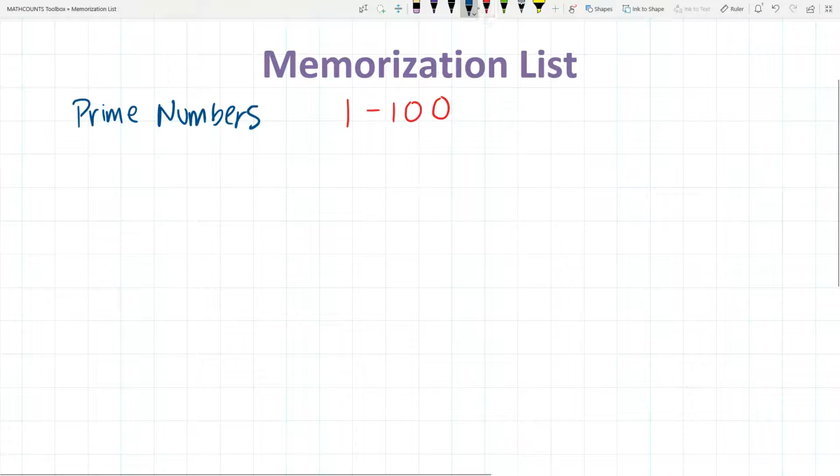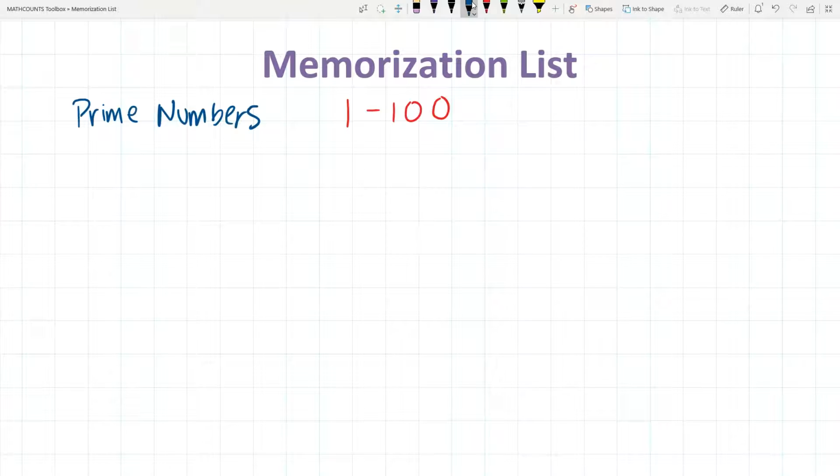So prime numbers you'd say are 2, 3, 5, 7, 11, 13, 17, 19, 23, 29. Then you have 31, 37, 41, 43, 47, 53, 59, 61, 67, 71, 73, 79, 83, 89, and 97. So those are the main ones that you need to know.